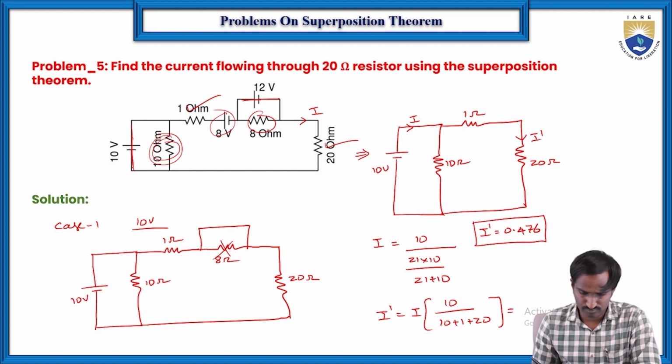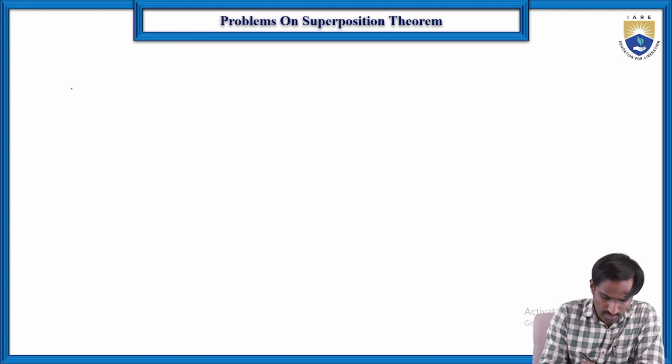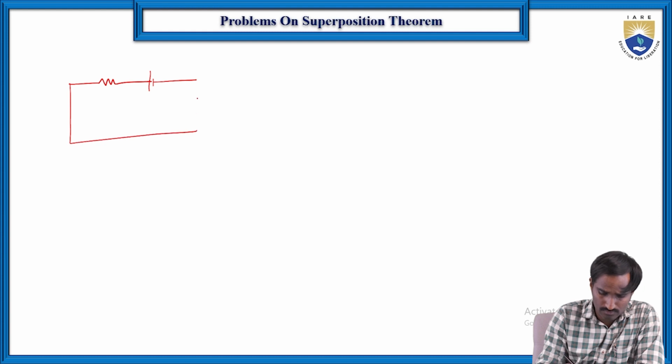Here you are having only the 20 ohm, the 1 ohm and the 8 volts. Then let us consider I double dash.